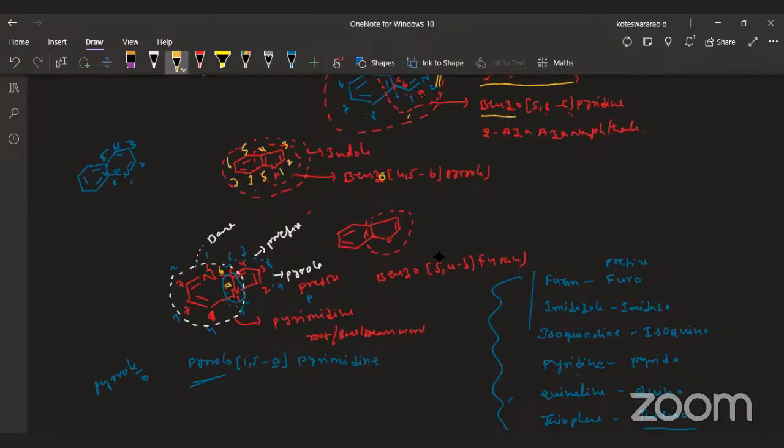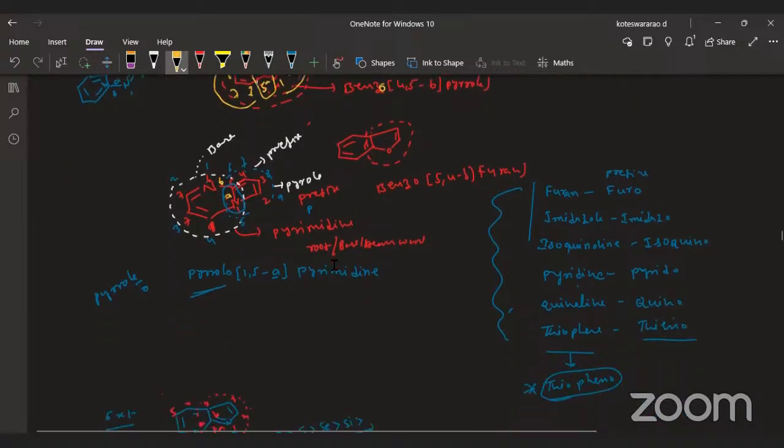The original numbering helps you give the positions of substituents, but the labeling helps you give the IUPAC nomenclature for the fused ring system. Benzo 4, 5: this is A, this is B, so A, B pyrrole: benzo[4,5-b]pyrrole. Similarly, we have several other compounds, and based on that we can give the names.